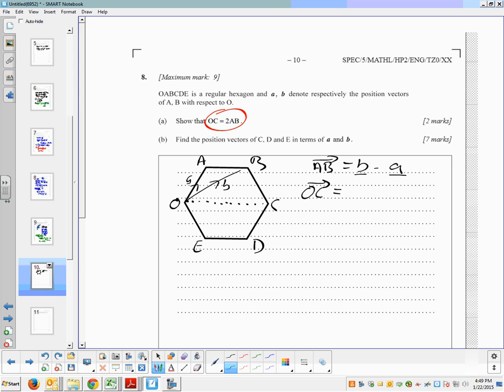I don't like this question at all, because I think it's sort of trivial. But OC, what have you got to do? You can do A plus AB is B minus A plus BC. How do you get from B to C, just using these vectors?